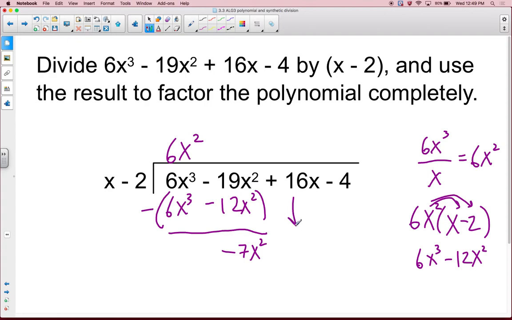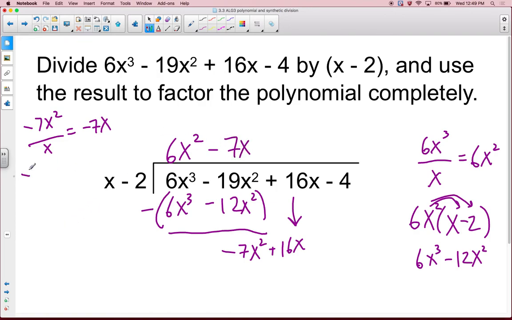And then I continue. I'm going to repeat this process. I bring down the 16x and then I repeat it. I have negative 7x squared divided by x. That will give me a negative 7x. I put that up top to continue my quotient.